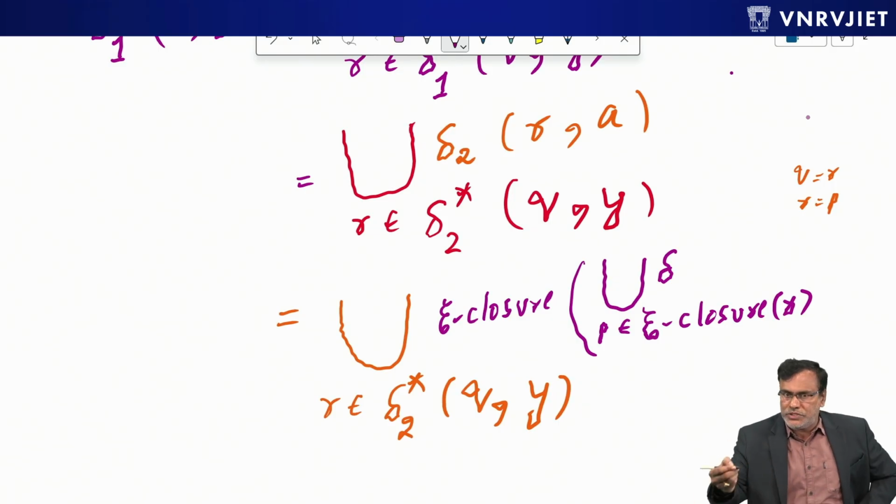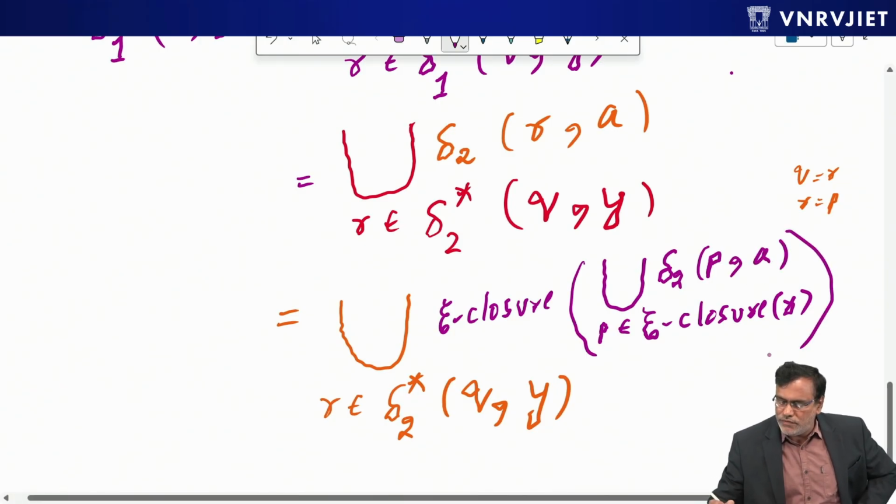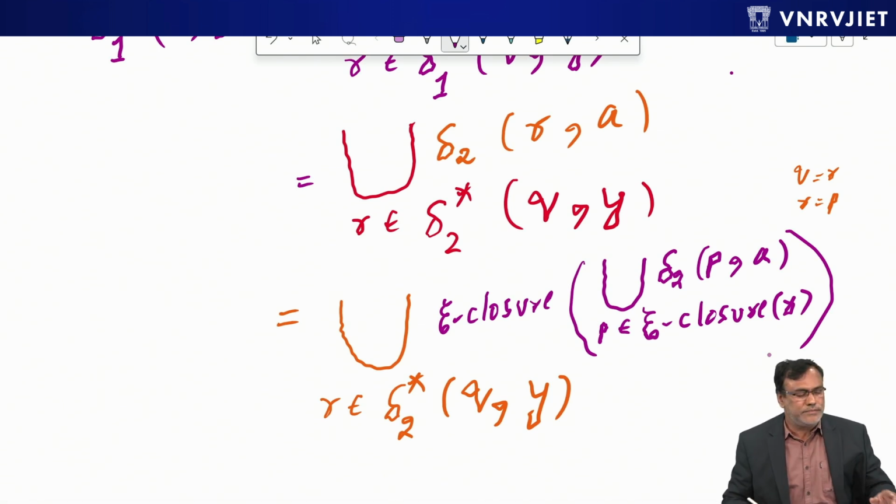No change with respect to delta 2 here. So delta 2 of PA. Here P belongs to, I am saying, therefore I have to use this delta 2 of PA. This is the formula that you are going to get from that one. I think you are clear till this point. This is how you are going to get.